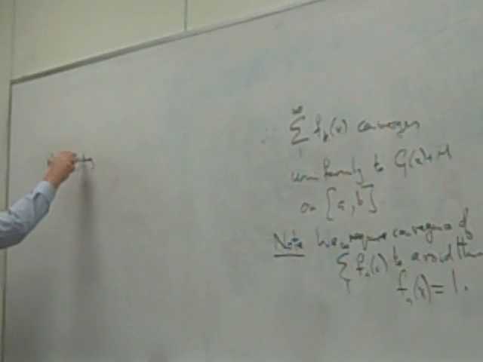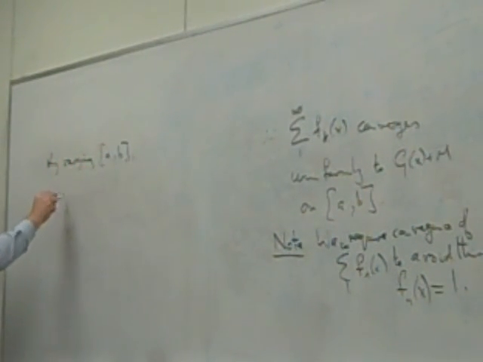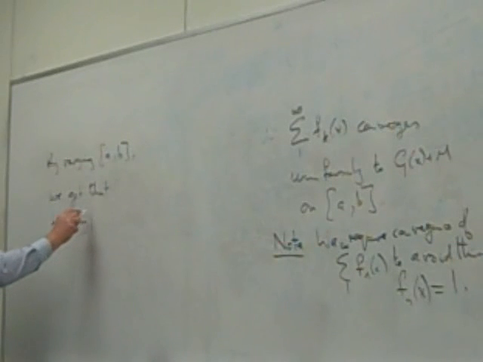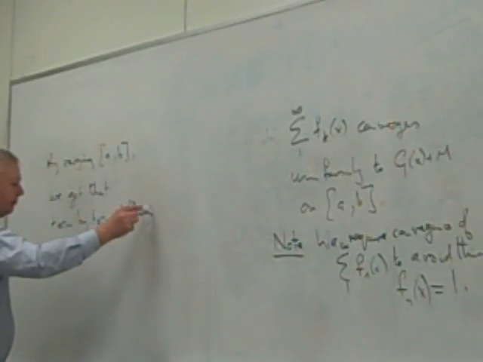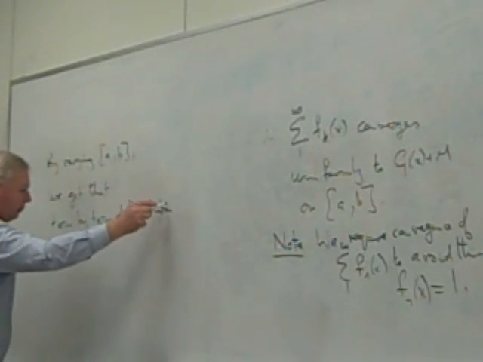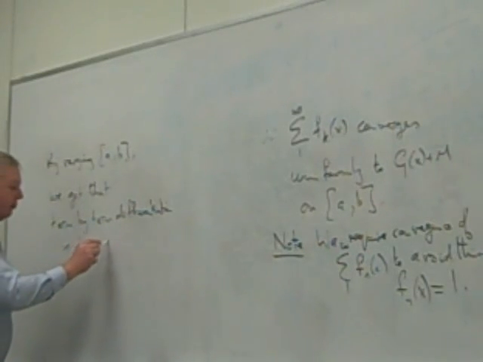So by varying the interval AB, we get that term by term differentiation is true everywhere.